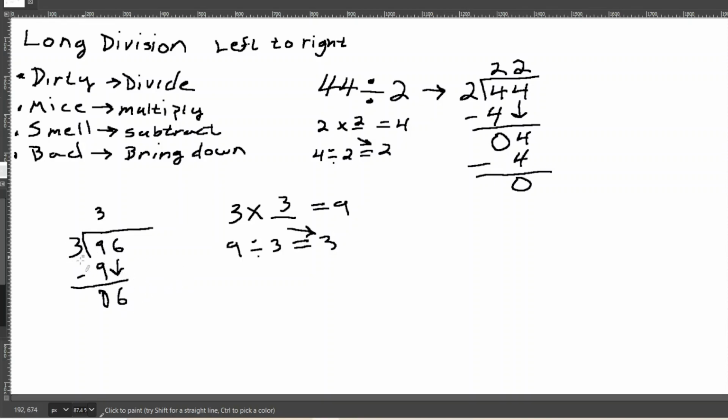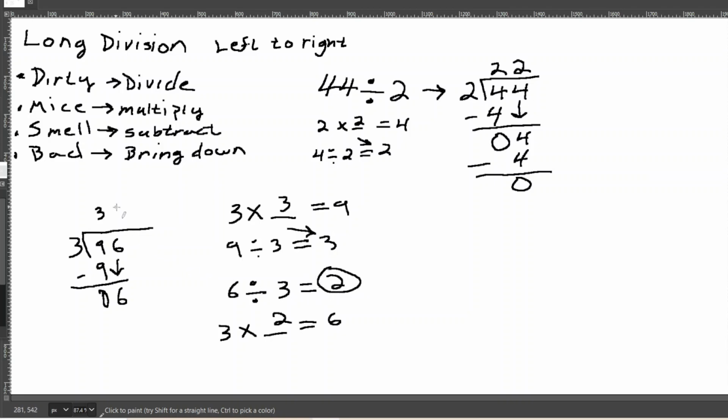And now I got to divide again. But be careful, right? It's 3 dividing 6. Or 6 dividing 3, sorry. I'm saying that backwards, aren't I? Which also could be 3 times something equals 6. Well, that ends up being 2, right? So our answer here is 2.